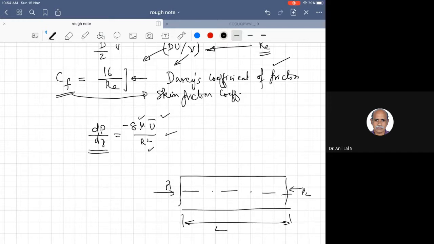So we have dp equal to minus 8 mu u bar by r squared dz, and integrating this, everything is constant.